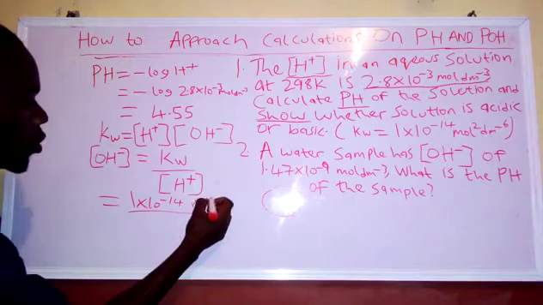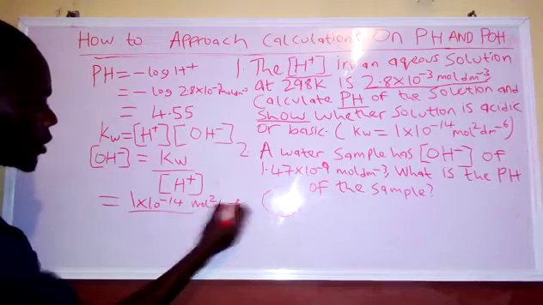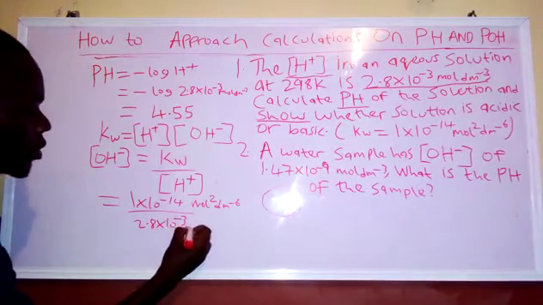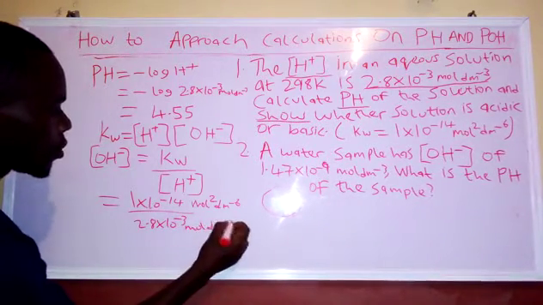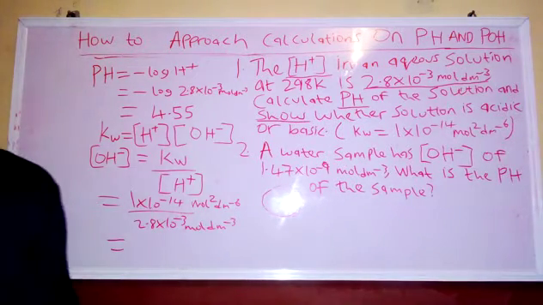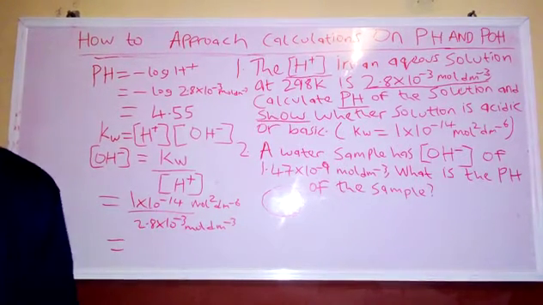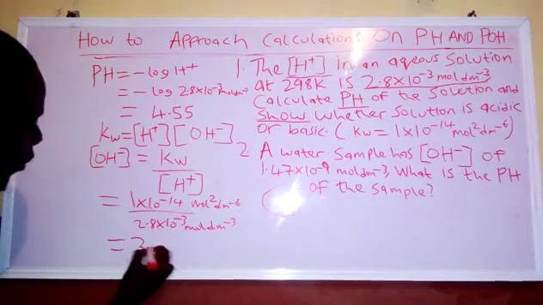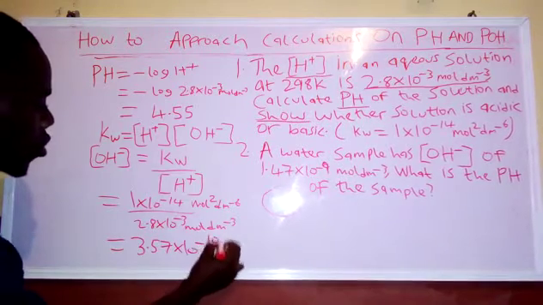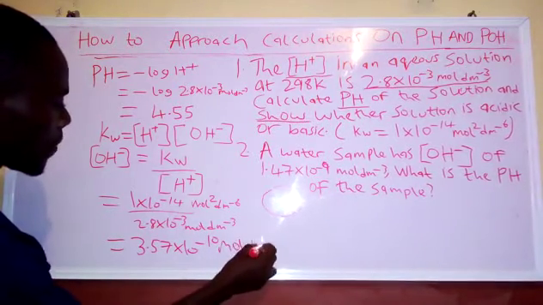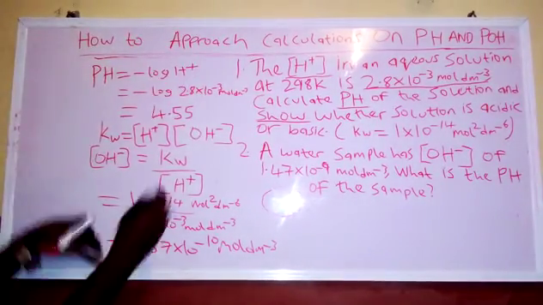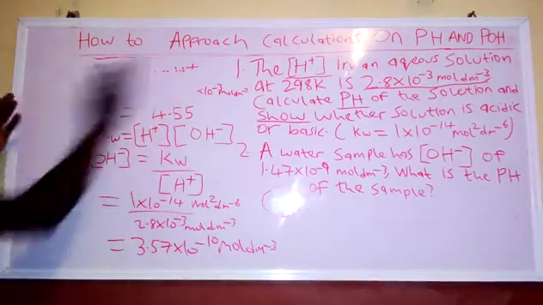So now when you put 2.8 times 10 raised to the power minus 3 mole per dm cube, what you get finally should be 3.57 times 10 raised to the power minus 10 mole per dm cube. So now this is what you get. Now look carefully.